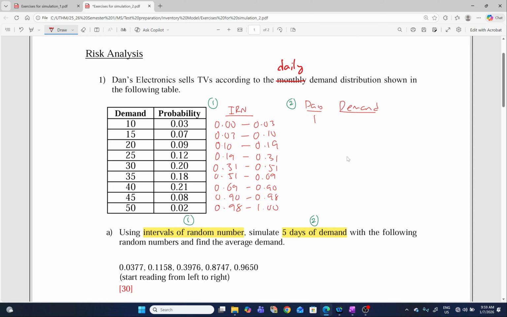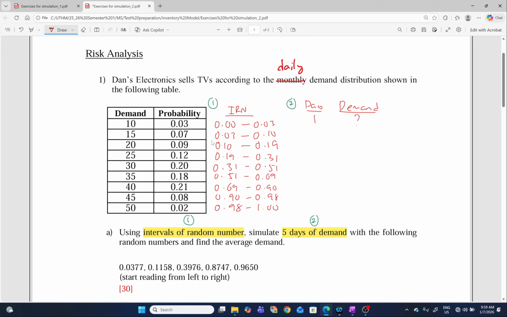Day 1 and demand. Okay, so for day 1, they have already given you the random numbers here. Now these are the demands that can happen on any day.